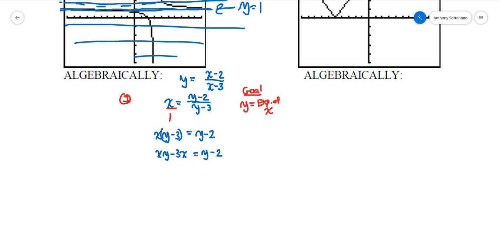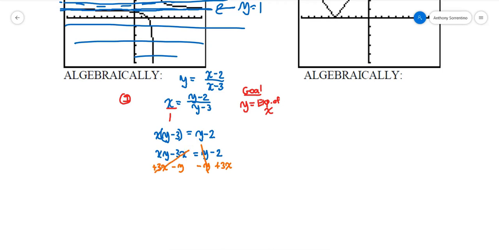In order for me to start working towards getting y alone, I'm going to get everything that has a y on one side of the equation and anything that doesn't have a y on the other. With that in mind, I'm going to subtract y from both sides, and I'm going to add 3x to both sides. So what happens here is the y and minus y on this side cancel, the 3x and minus 3x on this side cancel.